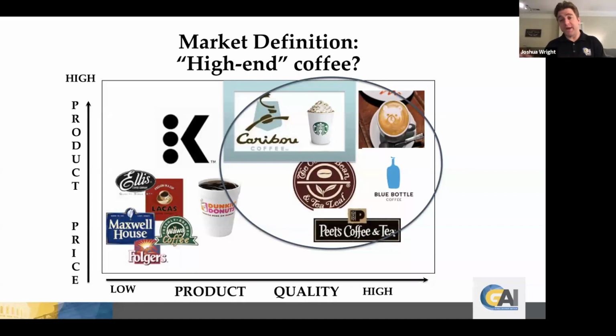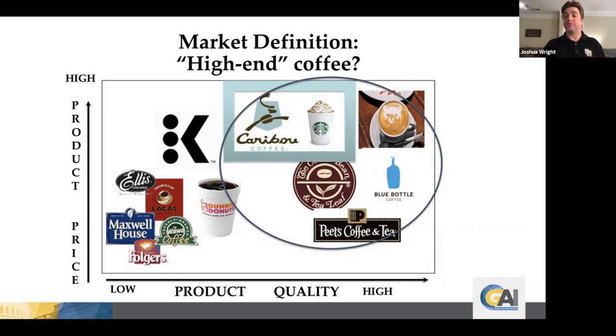It's going to make fewer sales. The demand curve slopes downward. It raised the price, and quantity demanded goes down. So some people are going to switch from inside that circle to outside. They're going to go to Dunkin', Keurig, Folgers. They're going to leave the market and go drink tea. So there are costs and benefits of that price increase. The hypothetical monopolist test is comparing the cost to the benefits.